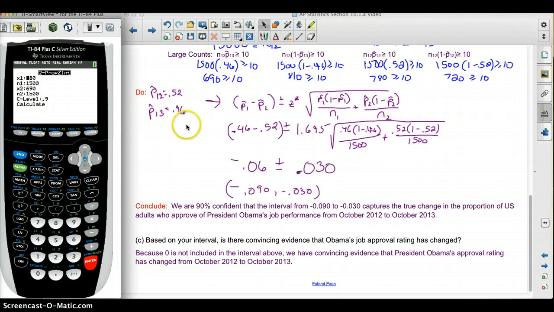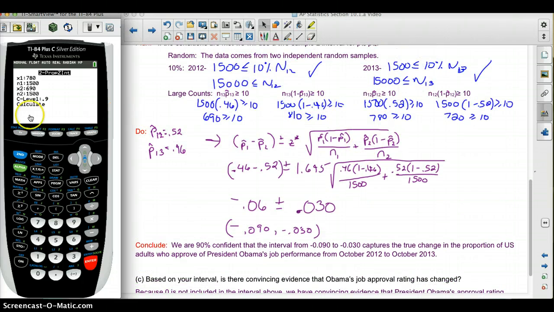You have to do out the calculations, or get them from up above where your large counts are, because you want to put in the actual number, not the percentage that was given in the problem. So when we wanted to find out the count for 2013, we would have had to use 690 out of 1,500, and our second one was in 2012, which was 780 because it was 52% of 1,500.